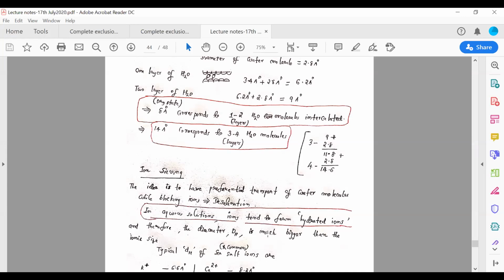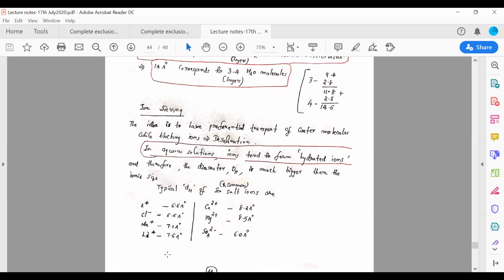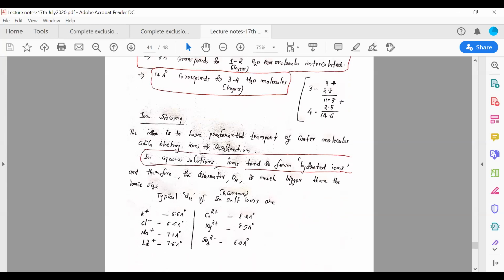From the number I gave, is it possible to separate salt? Is it possible to block salt ions? Not really, sir. So it's not possible.